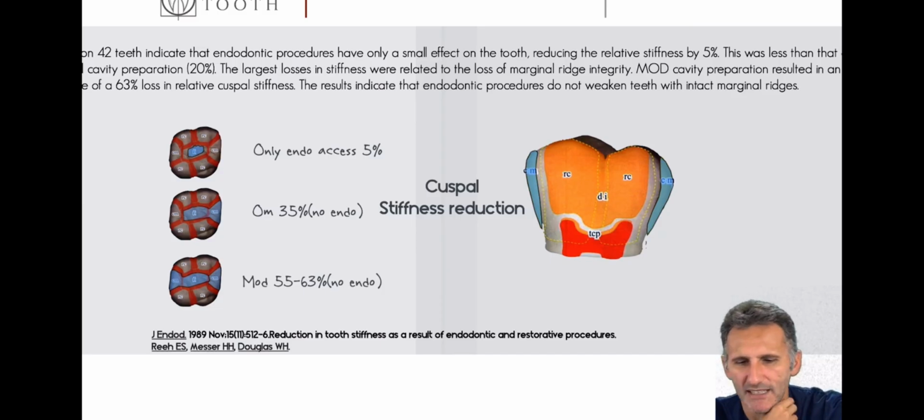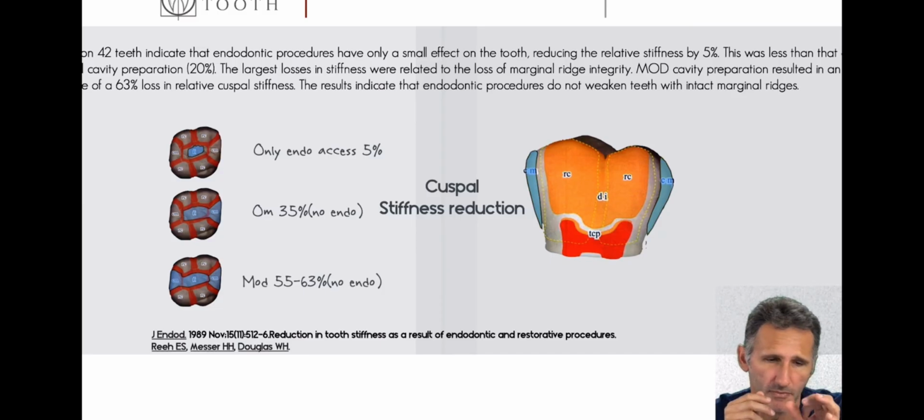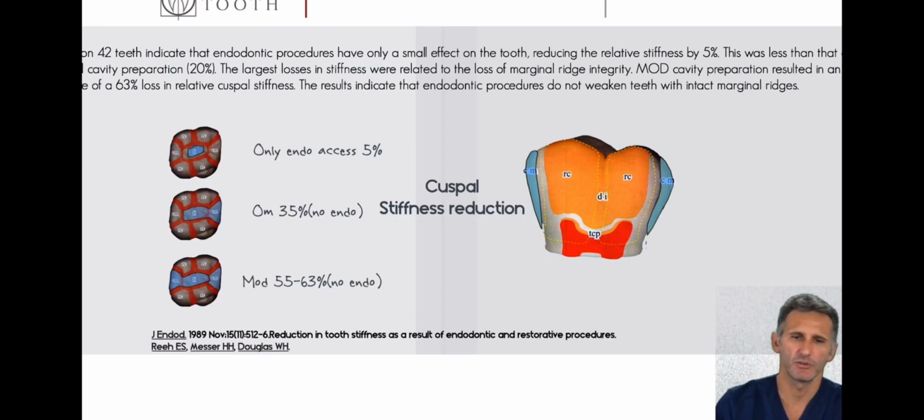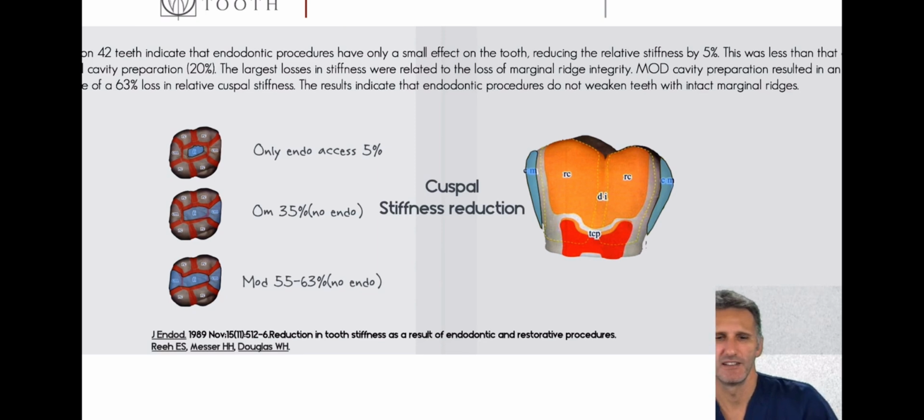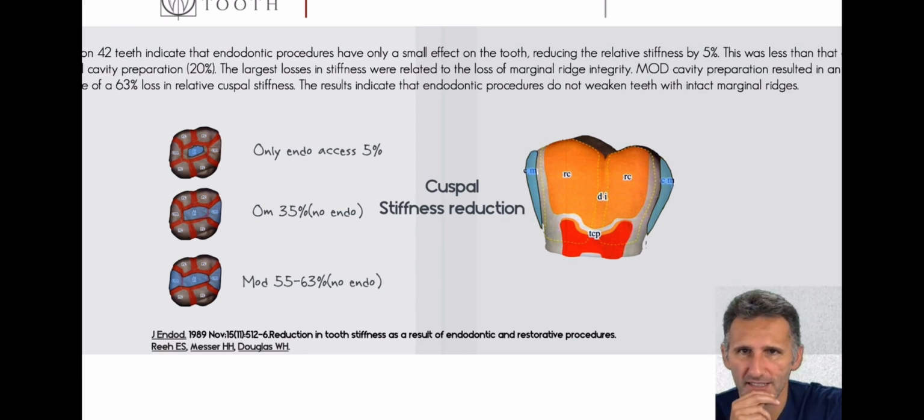So what we understand from a study like this is that as long as we can do endodontic access just with the occlusal access without touching the marginal ridges, there is not so much harm to the tooth, but that instead touching the marginal ridges leads to a fragile and weak tooth.